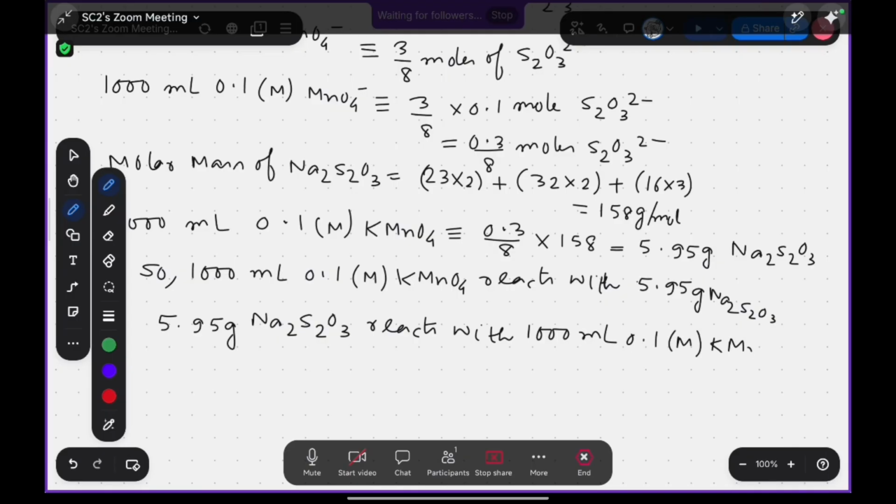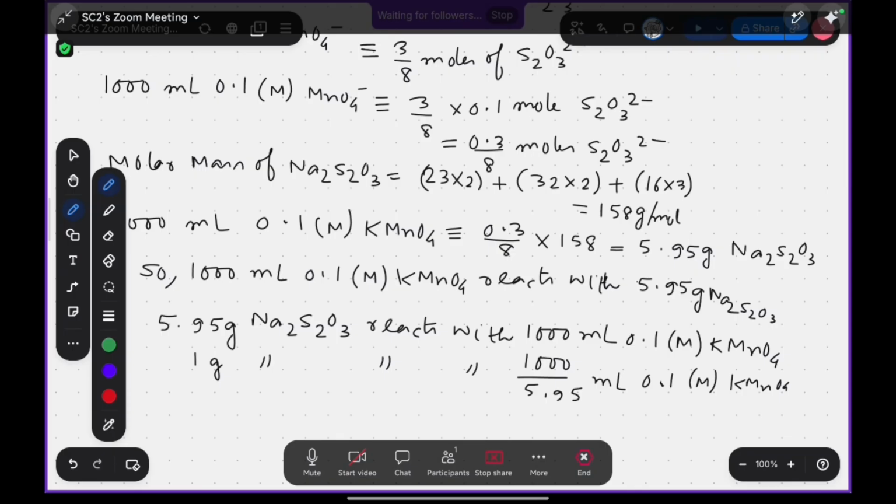Don't change the strength, don't change the concentration. Concentration is given as 0.1. That means 1 gram sodium thiosulfate reacts with 1000 by 5.95 ml 0.1 molar KMnO4.